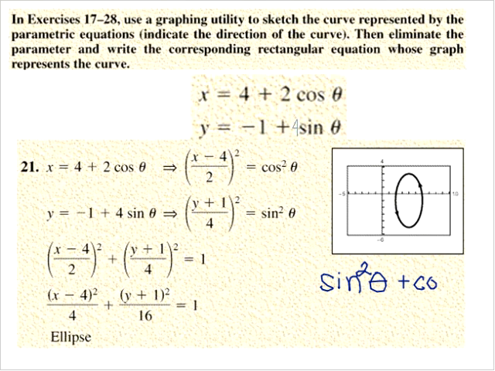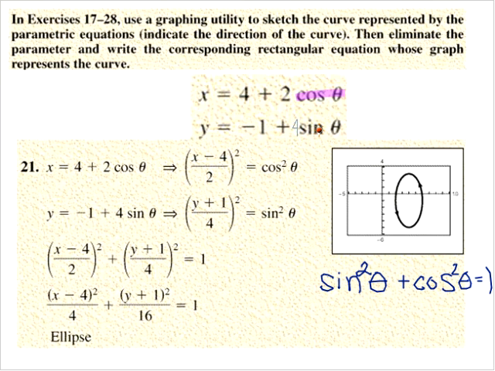So if I can get sine squared plus cosine squared together, I can set it equal to 1. For x, let's work on isolating just cosine theta. To get cosine theta by itself, we need to subtract 4 and then divide by 2. So cosine theta equals just this right now. And then we can do the same thing for sine. We'd add 1, divide by 4.